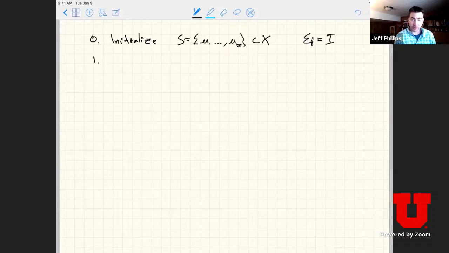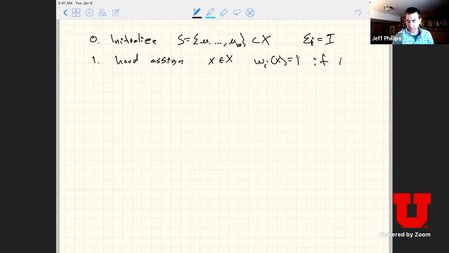And then we'll start with the hard assignment. For each x, we'll set the weight w_i of x equal to 1 if i is equal to phi_S of x, right? So we'll assign to the closest one the way we did. And this is just the initialization of the algorithm.